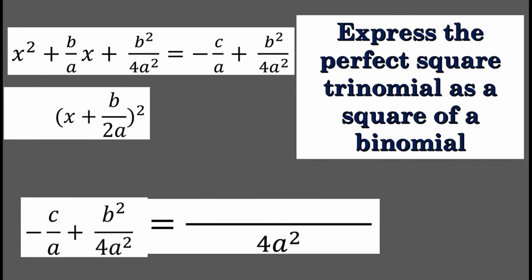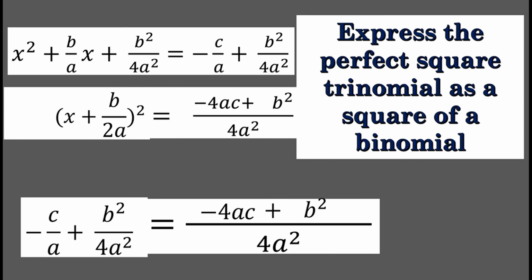In this case, 4a squared is their common denominator. 4a squared divided by a, that is 4a, times negative c, the product is negative 4ac, while 4a squared divided by 4a squared, that is 1, times b squared, that is b squared. So, the simplified form of the right side of our equation is negative 4ac plus b squared all over 4a squared.